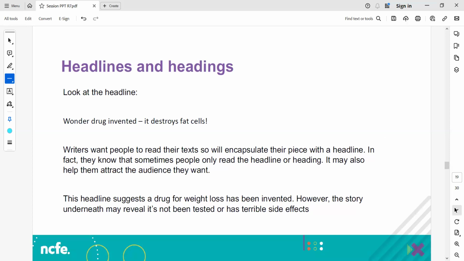So people are more likely to believe that side of the argument, or to have that in their mind when they finish reading, because it's the headline, the first thing they read or the only thing they read. So there's bias in the headline, even though the rest of the text might be more balanced.